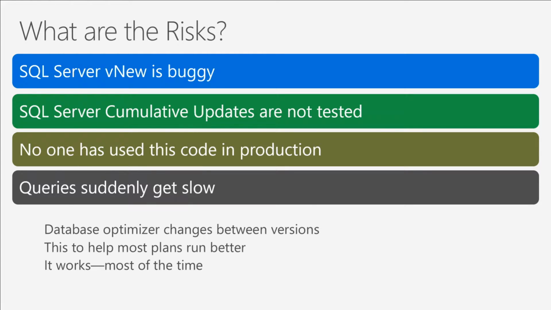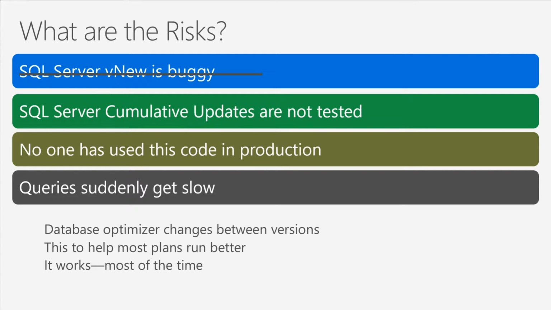So we've kind of addressed SQL Server vNew as buggy. Lots of people have been using it for lots of time. Yes, there were bugs in development. No, they were mostly all, they're still there in GA, a few. Those cumulative updates fix stuff, but it's no more or less buggy than any other version of the software you're going to be using.